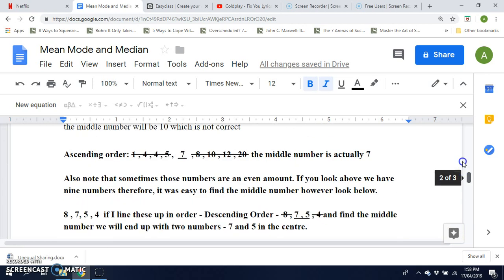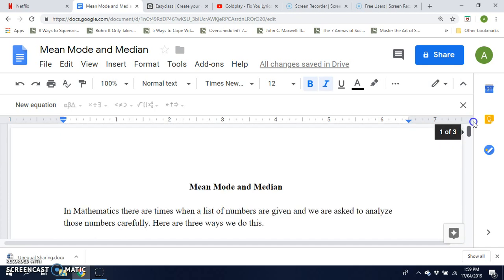Mode and median are very simple, but I need children to remember calculations are important. If you get a mixed number, change it to an improper fraction. If you are given a remainder, make it a fraction. So for example, 17 divided by 2, if I just write that 17 divided by 2, will give you 2 into 17, 8 2s are 16.